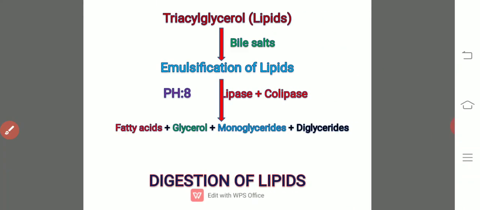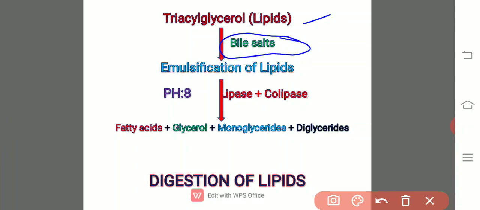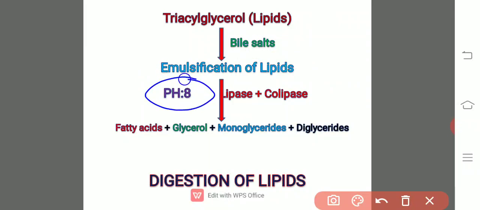Then if you see the entire process of the digestion of lipids in the small intestine, here triacylglycerols or triglycerides, nothing but the lipids, enter into the small intestine, and here there is a mixing of bile juice, which has bile salts. Bile salts make the emulsification of the lipids, okay. For the lipase and colipase activity, we require an optimum pH of 8.